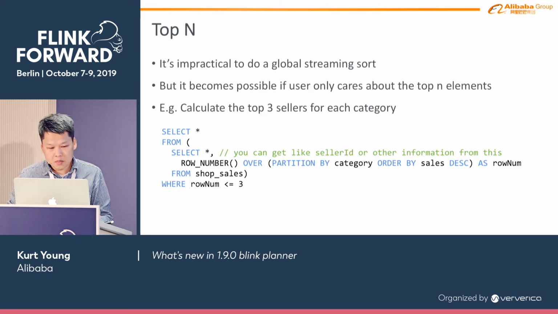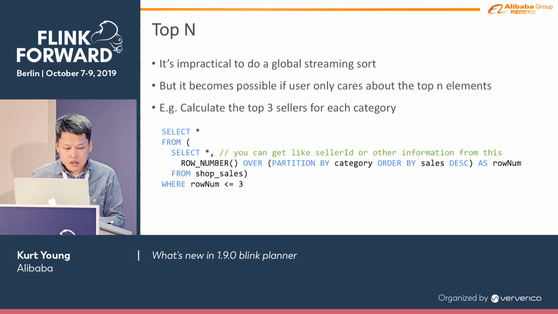It's very expensive. But if the user only cares about the top N elements, the story changes a little bit. For example, in our case, the user wants to get the top 3 sellers for each category. For such a use case, first we can write the SQL this way. Let me explain a little bit.